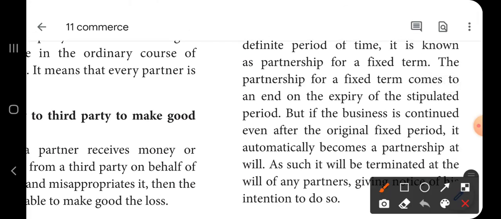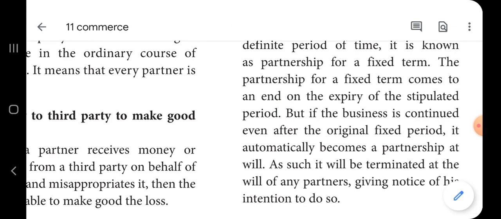So after the period gets over, if the partners continue the business, then it automatically becomes partnership at will. That means they have to give the notice and then dissolve the partnership firm. Okay. Till this you write, that is enough. From the beginning till this.